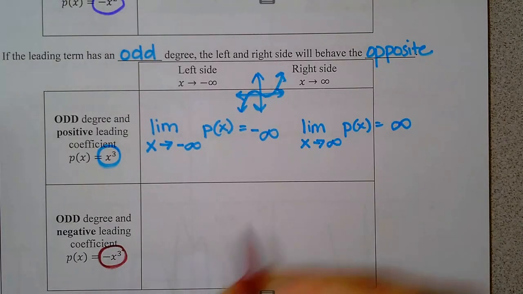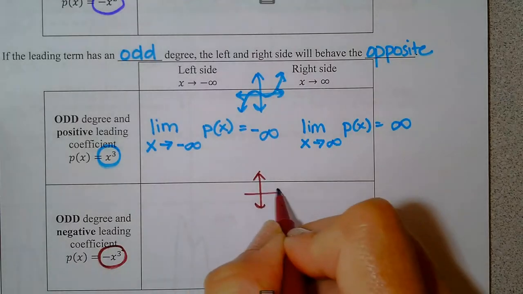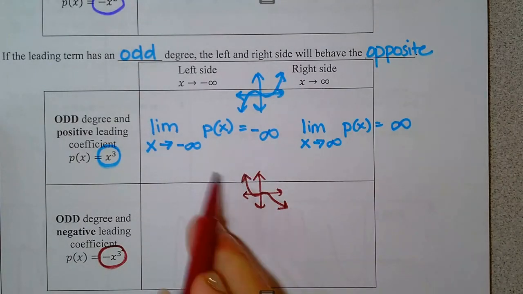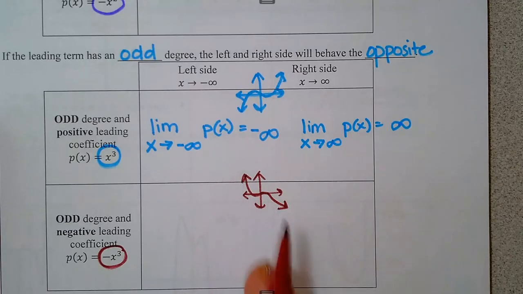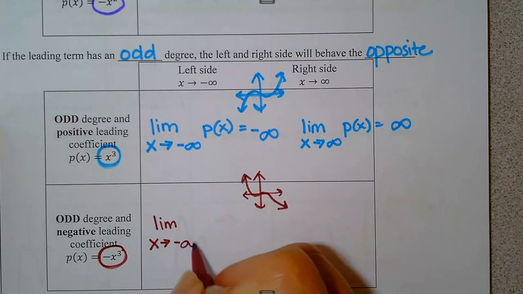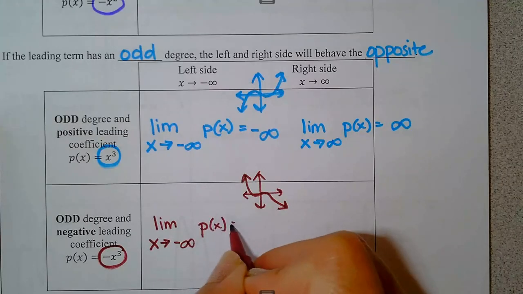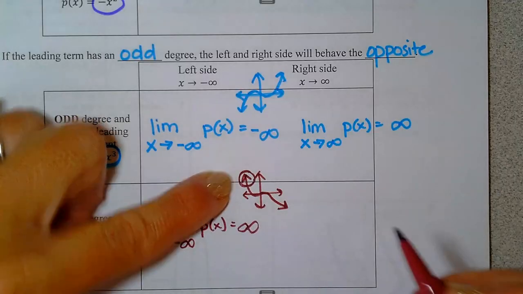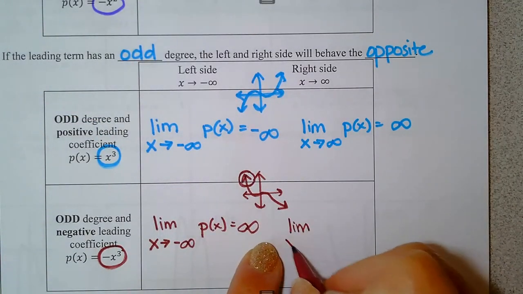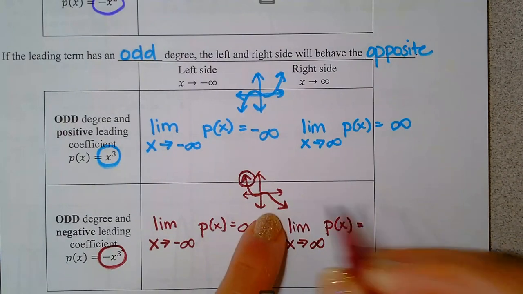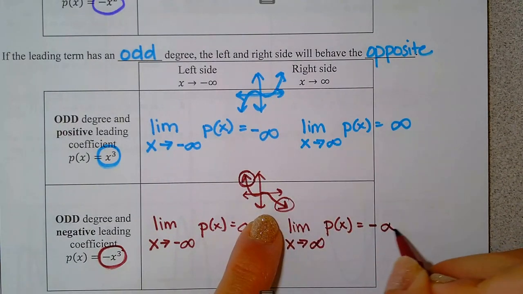So if it was negative x to the third, that's a negative sign, so that's going down. The limit of x to negative infinity of p of x equals positive infinity, and the limit of x to infinity of p of x is negative infinity.